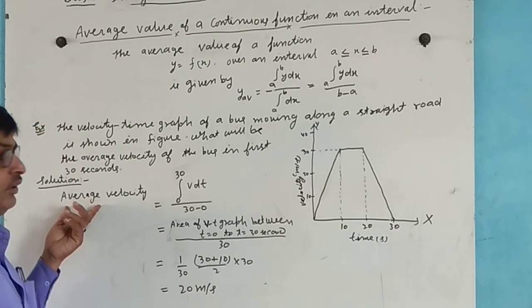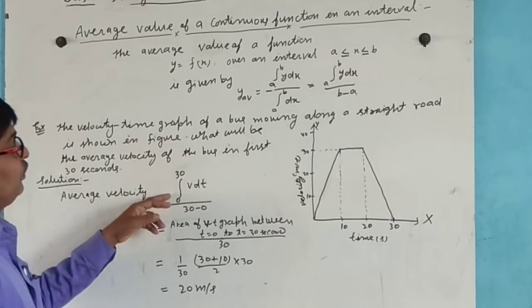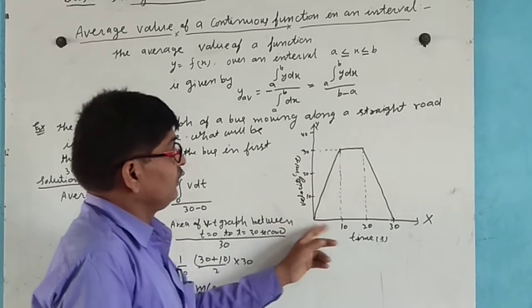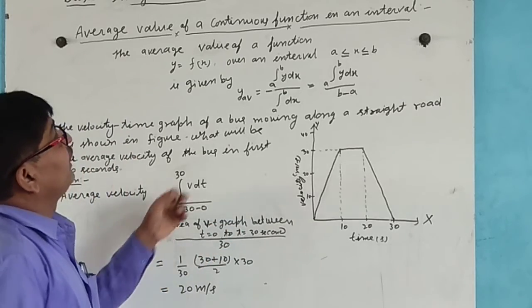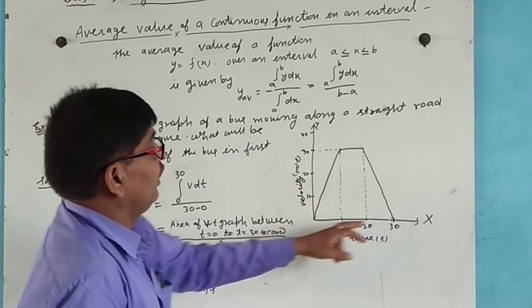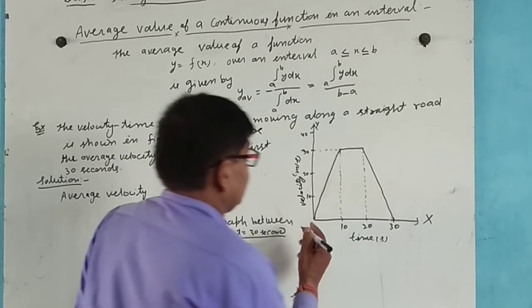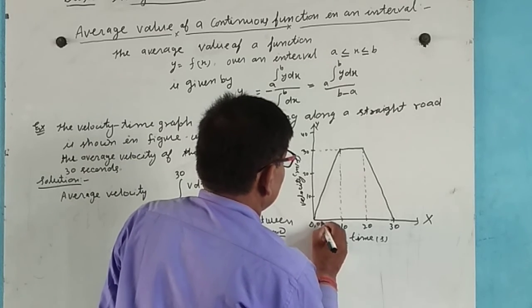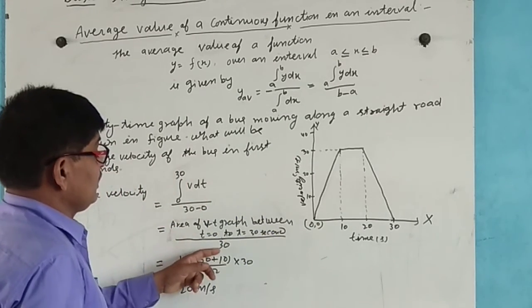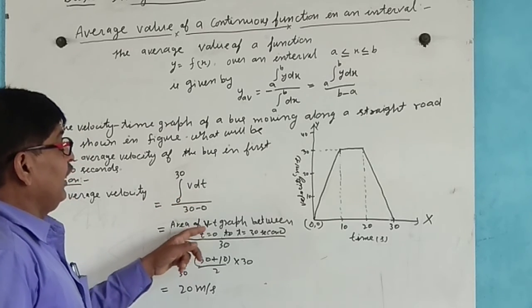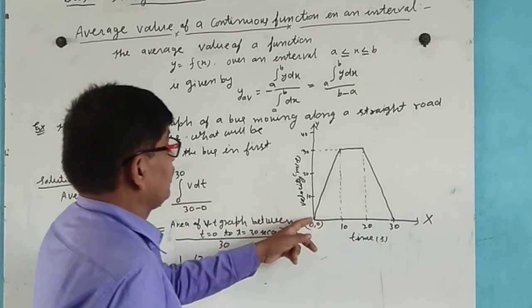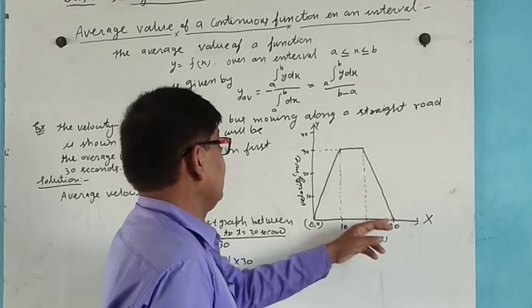As you know, average velocity equals integration of 0 to 30 v dt divided by b minus a, 30 minus 0. And integration of 0 to 30 v dt means the area of the v-t graph between t equal to 0 to t equal to 30 seconds.